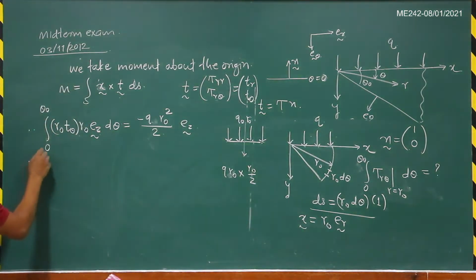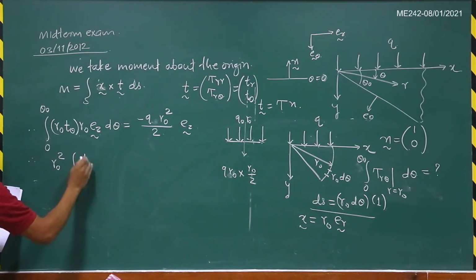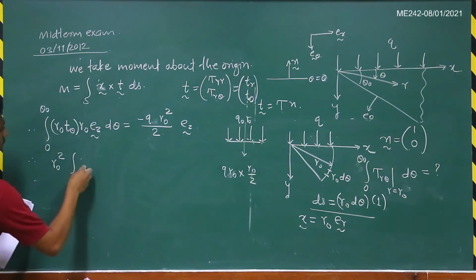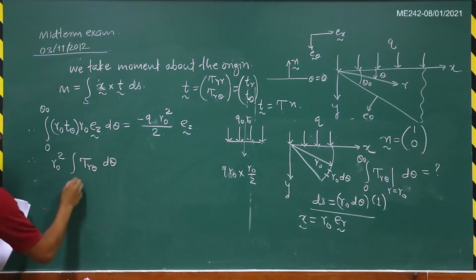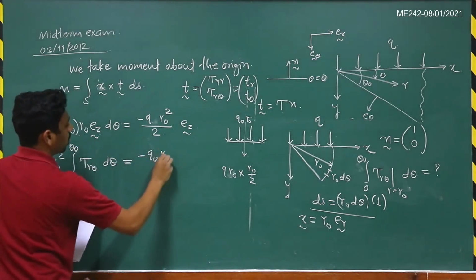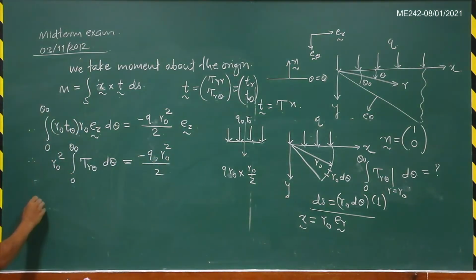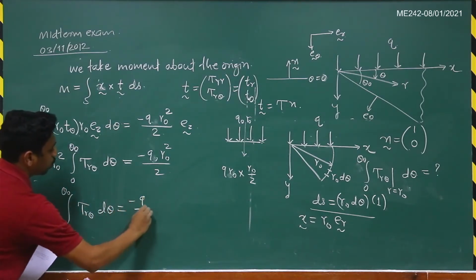So now we have r naught square times the integration of this t theta, which is actually t theta equals tau r theta. So tau r theta d theta from 0 to theta naught equals minus q r naught square divided by 2. So simply we get the integral from 0 to theta naught of tau r theta d theta equal to minus q by 2.